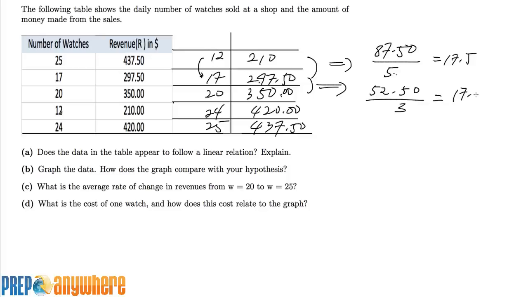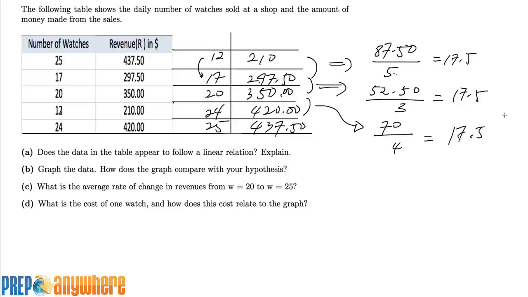You get 17.5. Okay, so let's do the next two pairs. 420 subtract 350 is 70. Divide by 4 is 17.5.